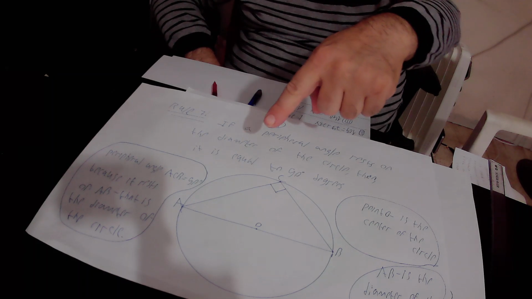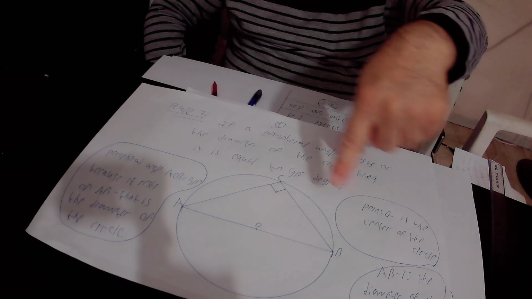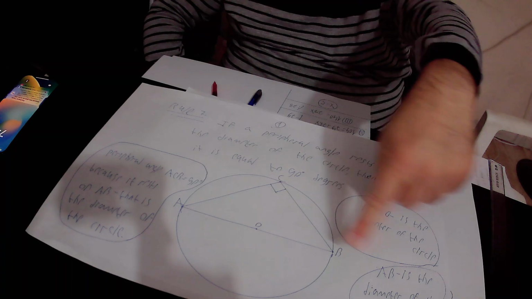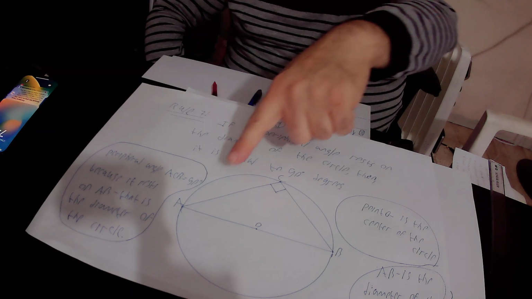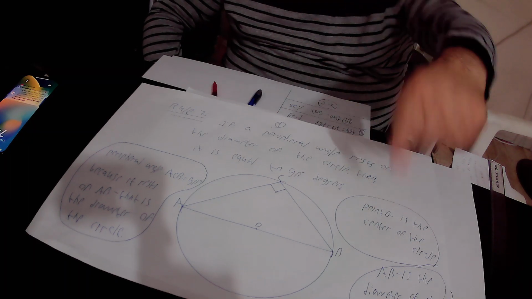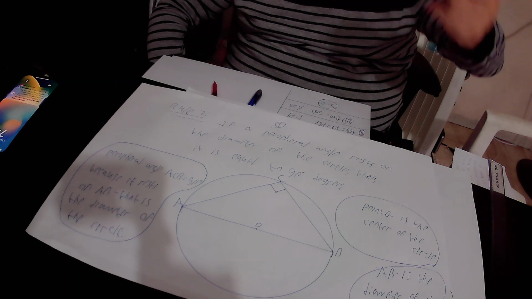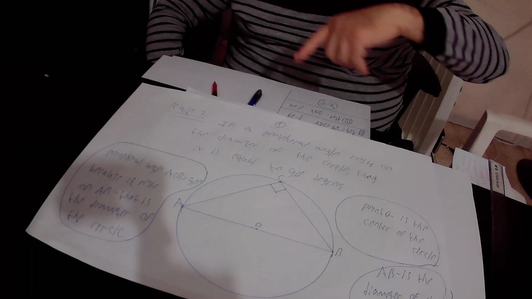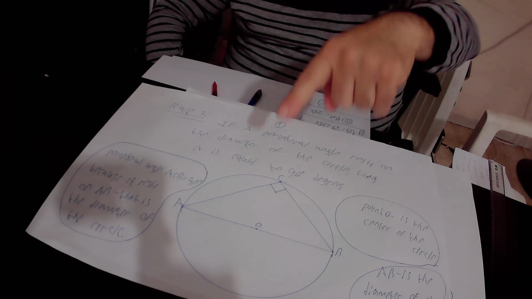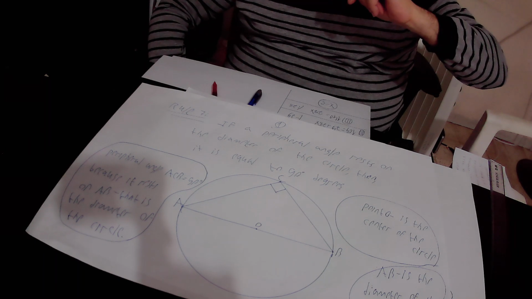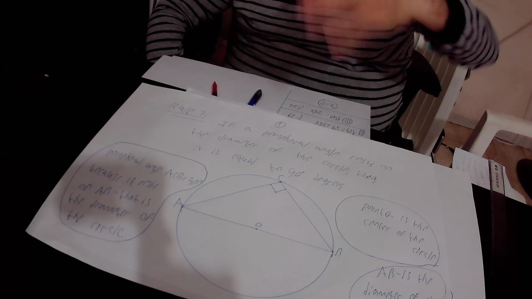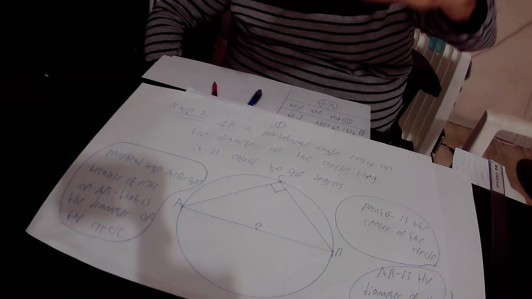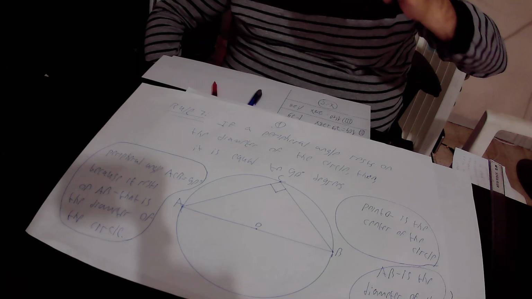So in the drawing we have peripheral angle ACB. This is peripheral angle ACB that rests on AB, and AB is the diameter of the circle. Therefore, peripheral angle ACB is equal to 90 degrees. So any peripheral angle that rests on the diameter of the circle must be equal to 90 degrees.